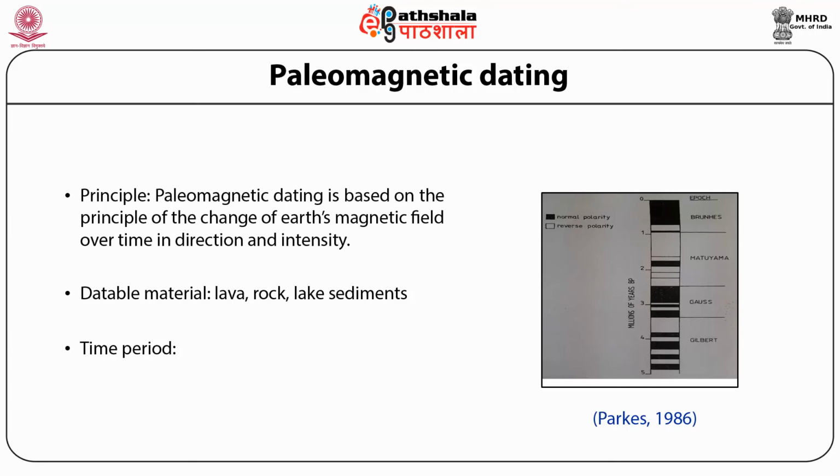The history of polarity change has been determined over the past 4 million years. This helps to date different depositions in which fossils are recorded. So, paleomagnetic dating fulfills the principle of change of the Earth's magnetic field over time in direction and intensity.